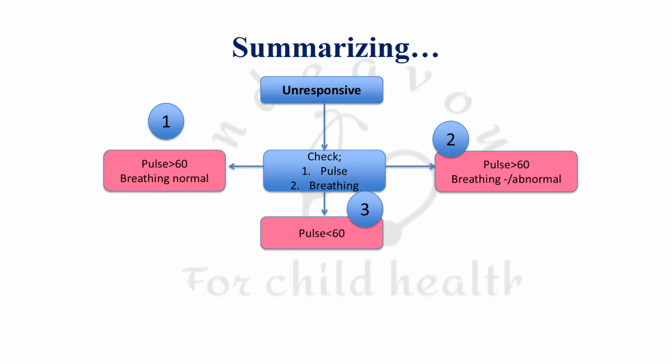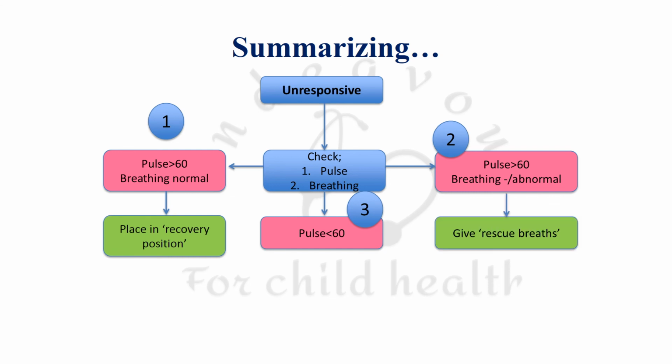So these are the three scenarios which you have to keep in mind, and you will be given in an exam to practically perform the BLS, and you might also be given a problem scenario in the cheat sheet. So in the first scenario, when the child is unresponsive, pulse is more than 60 but breathing is normal, you just have to place the child in recovery position.